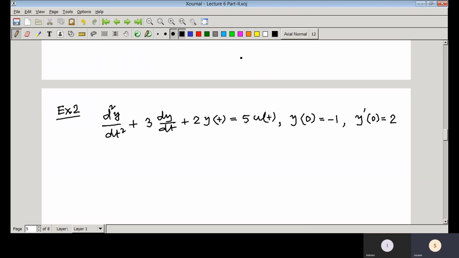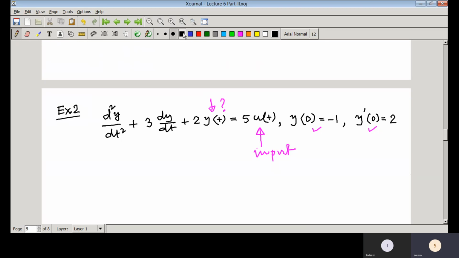These two are the initial conditions, and this is the differential equation. Like first order systems, this is the forcing function or input, and you need to find the output, that response. So let us see how to solve.